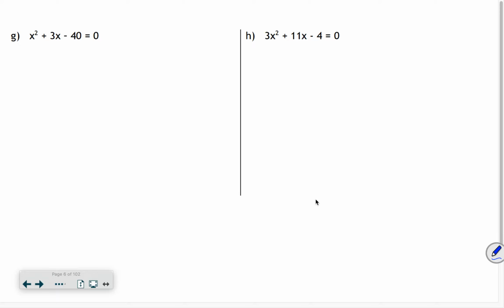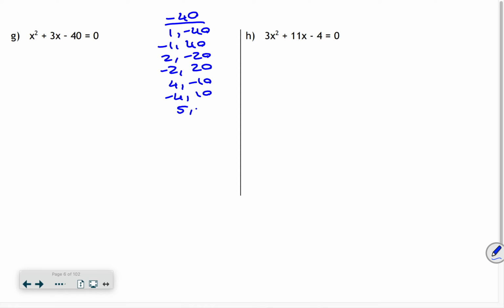The next one, we have x squared plus 3x minus 40 equals 0. So 1 times minus 40 is minus 40. So that would be 1 and minus 40, minus 1 and 40. 2 and minus 20, minus 2 and 20. 4 and minus 10, minus 4 and 10. 5 and minus 8, minus 5 and 8.